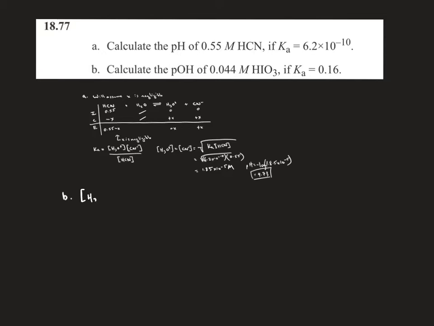We're just going to say that this is equal to the square root of the Ka here, which is 0.16, times the acid's initial concentration, which is 0.044. And that is going to give us 0.084 molar. And so pH is just negative log of that.